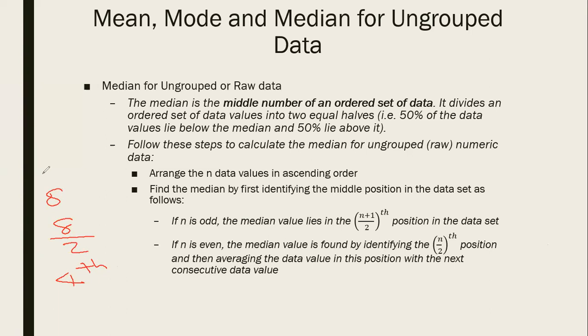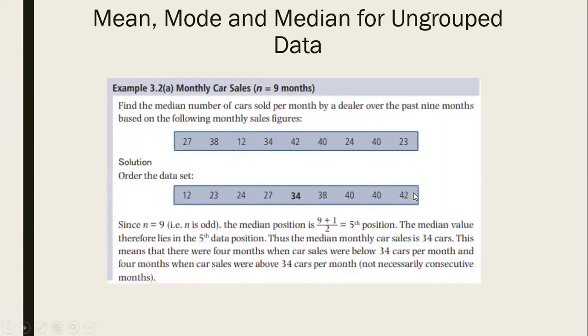So the value on the 4th position and on the 5th position, you add them and then you find the average of the 2. All right. So generally that is how you calculate the median.